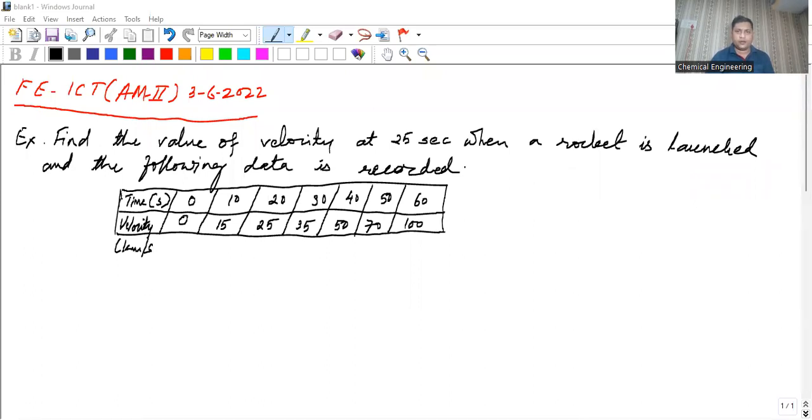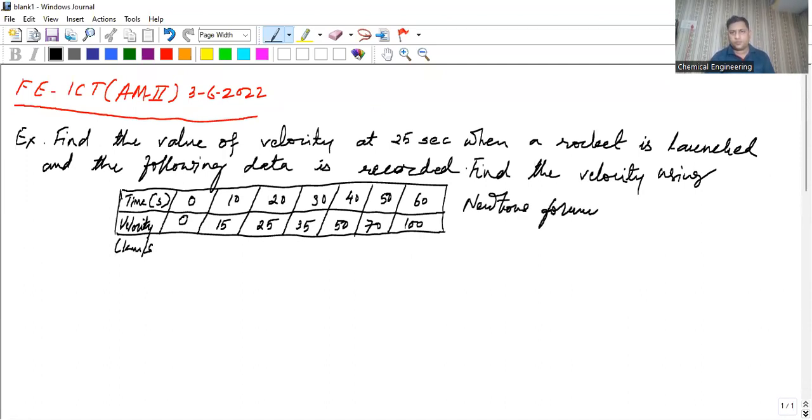So we have to find this velocity using Newton's formula. Now let us try to find.